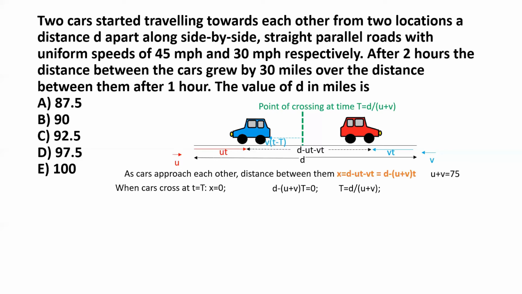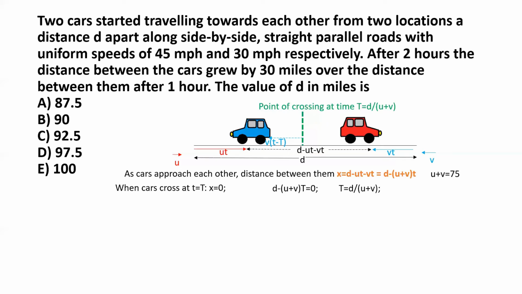the blue car will now, in time t, travel a distance. Here I have put t minus T because I'm just measuring the time since crossing. Capital T is the time of crossing, and small t is still the time I'm measuring with respect to the starting time, the original time when the cars started.